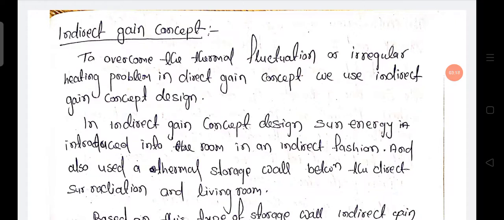This wall stores the sun radiation and gives that radiation to the living room. That's why it is called the indirect gain concept.